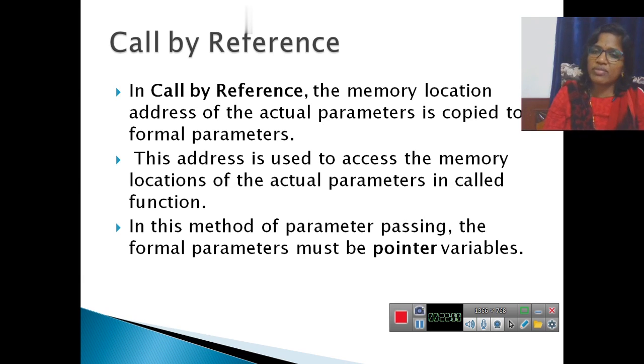So in call by reference, the memory location address of the actual parameters is copied to the formal parameters. We just give the address of the actual parameters. For this, I can give you an example. When we scan the values, after printf we write scanf, and there we write address of A, address of B. What does it mean? When we read the values, we are taking the values directly into the address locations.